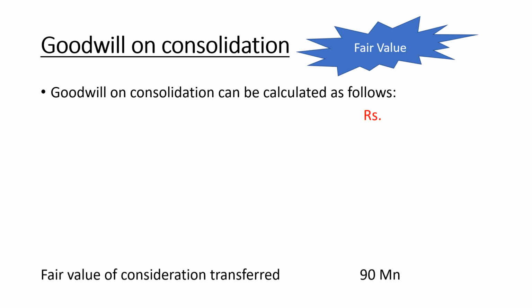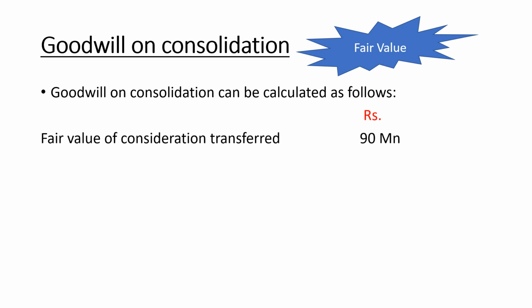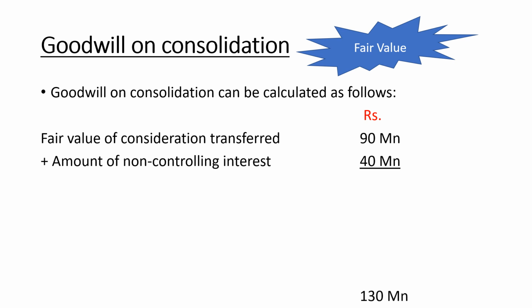First, we have to take the fair value of the consideration, that is 90 million. Then for that we have to add the amount of non-controlling interest, that is 40 million. Here also we have to take the fair value. Then both add up to 130 million.